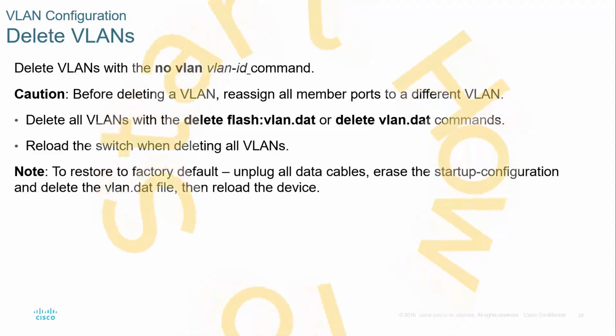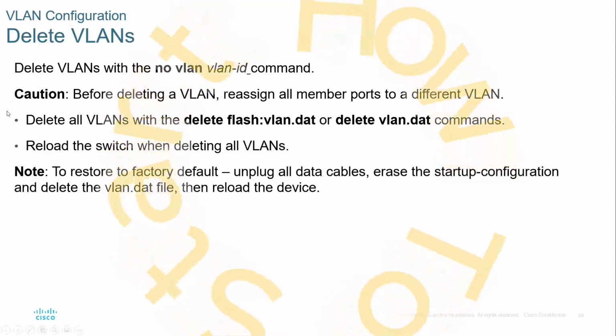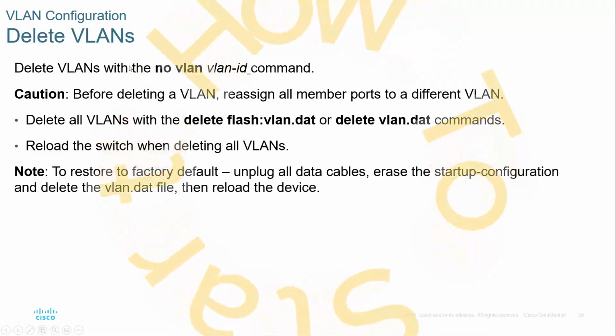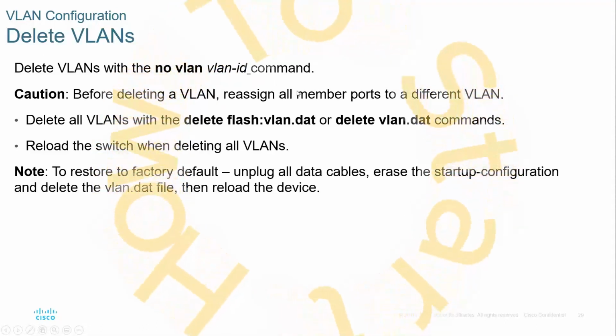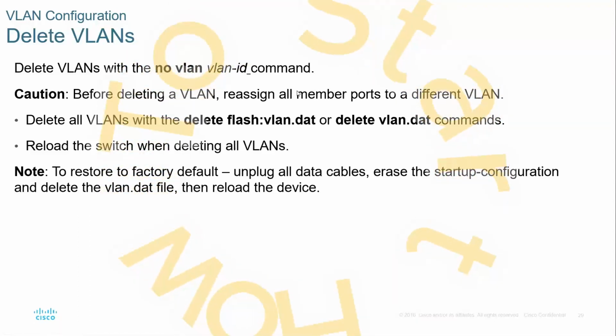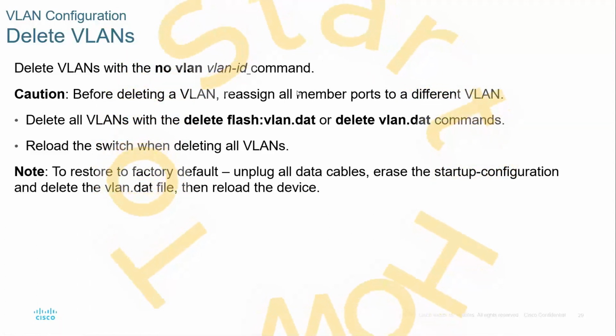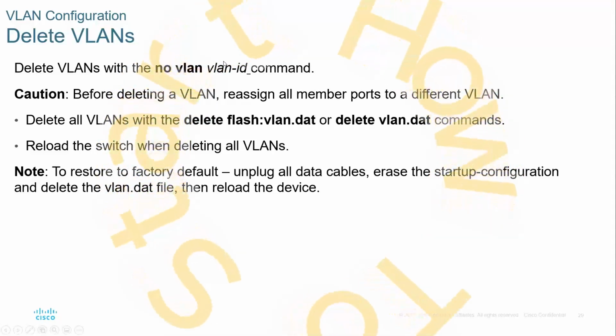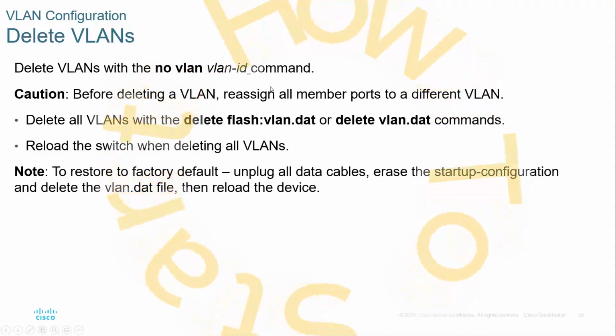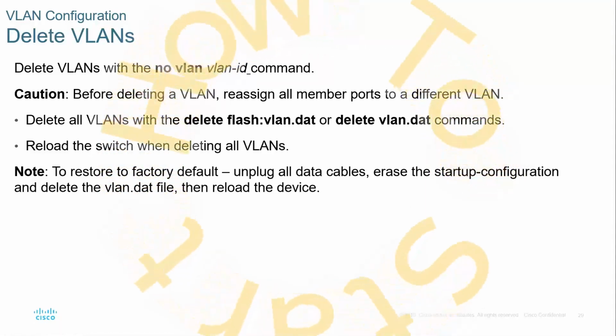Delete VLANs that don't have IDs or have no ports. You could do a no vlan and give it an ID. So if we want to delete VLAN 31 because we accidentally fat fingered 30, you could do a no vlan 31 and that would delete VLAN 31 because there are no ports associated with it.